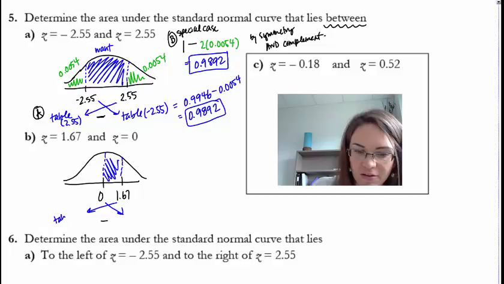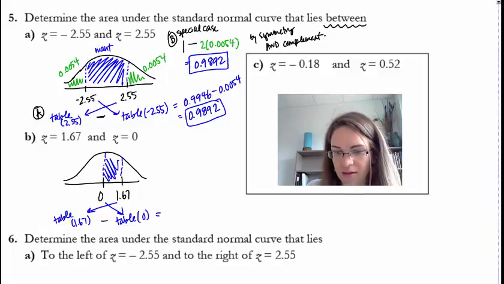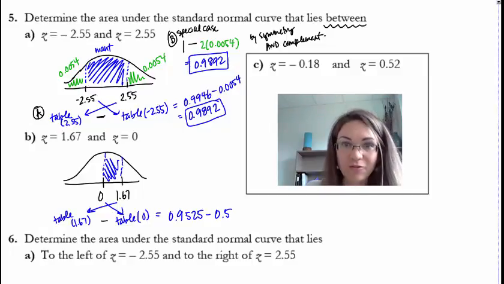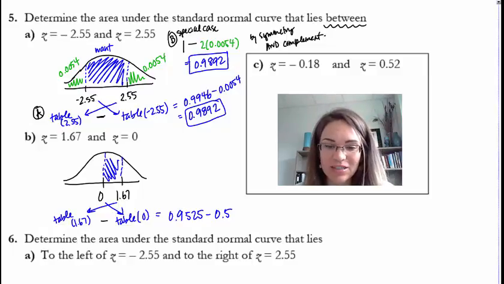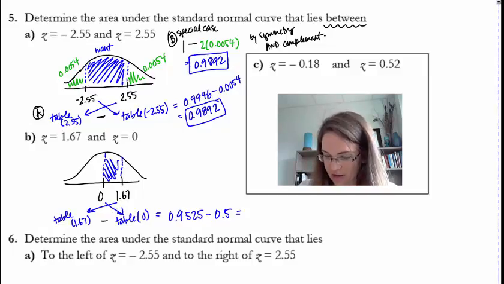The value at 1.67 is 0.9525, and the value at 0 is 0.5. Maybe you didn't even have to look that up in the table because it's symmetric. Area left of 0 would be half, and the area left over is 0.4525.